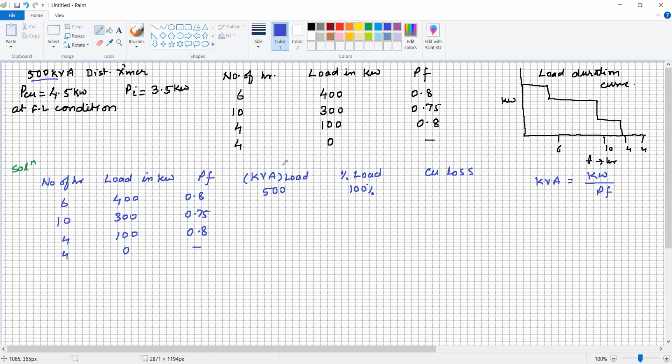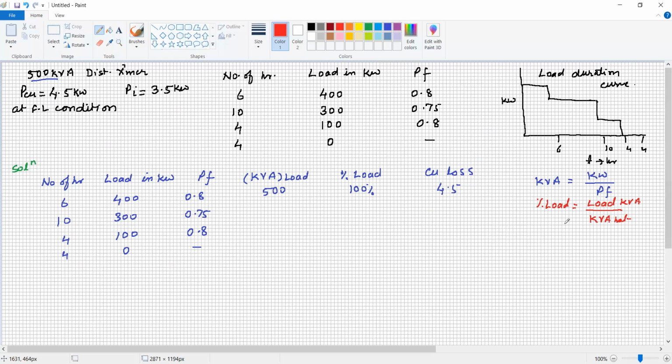Now what is the copper loss? During that, the copper loss is 4.5. The formula is percentage load equal to load in KVA divided by rated KVA, multiplied by 100.